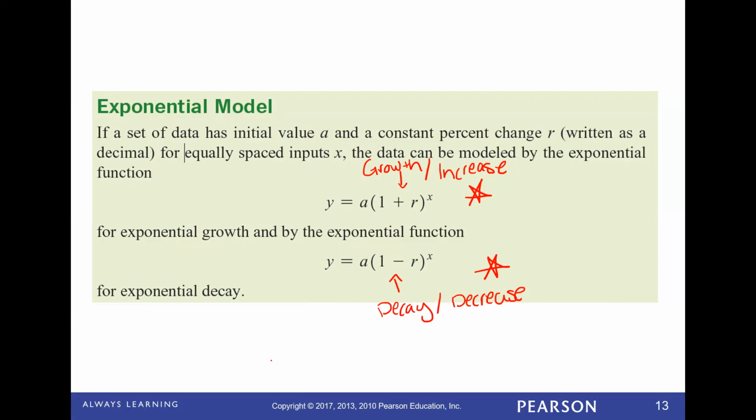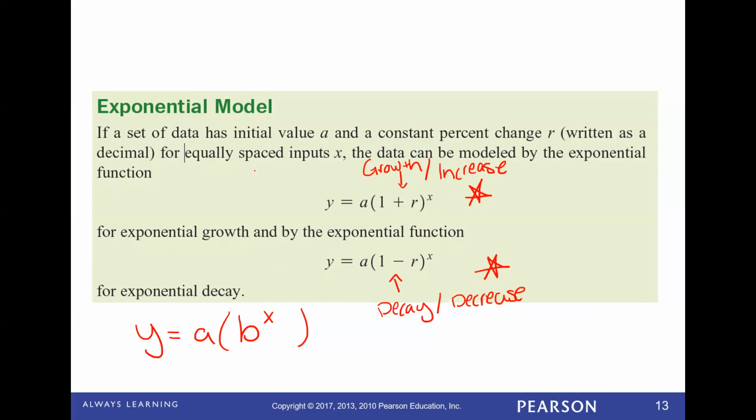Now in the calculator, when you were doing them a moment ago, the formula looked a little bit like this. Basically, that B value that the calculator spits out is what the 1 plus r is, or the 1 minus r, depending on what they are. Let's think back to what we were just doing.